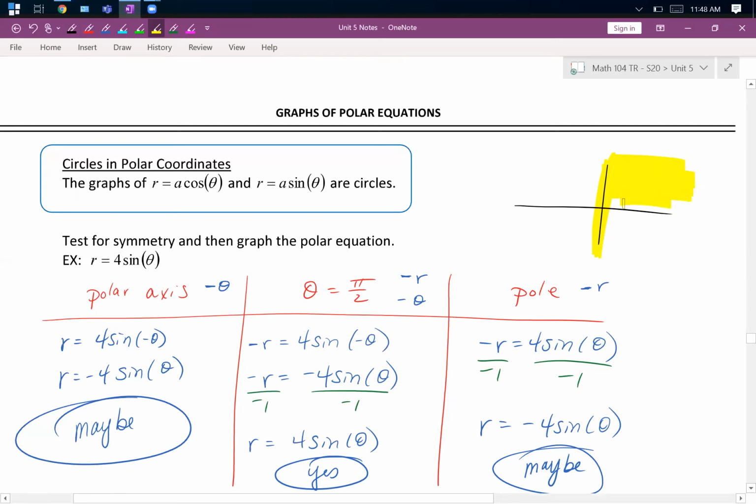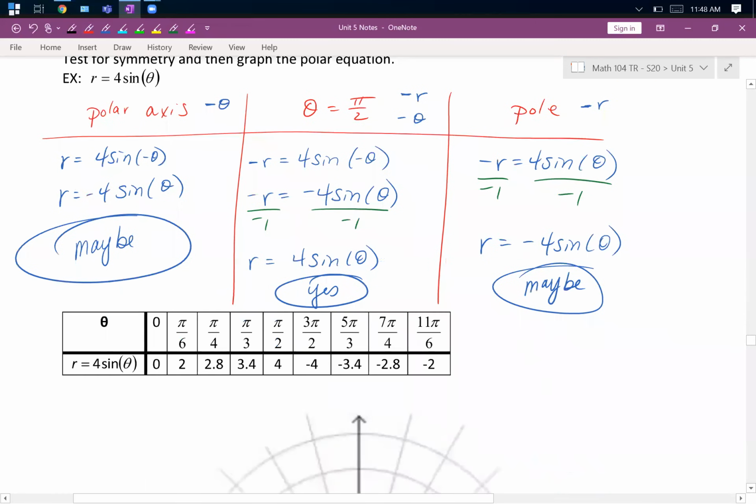I chose the first and the 4th quadrant. So down here are my theta values for the first quadrant, 0 to pi over 2. There's quadrant 1.